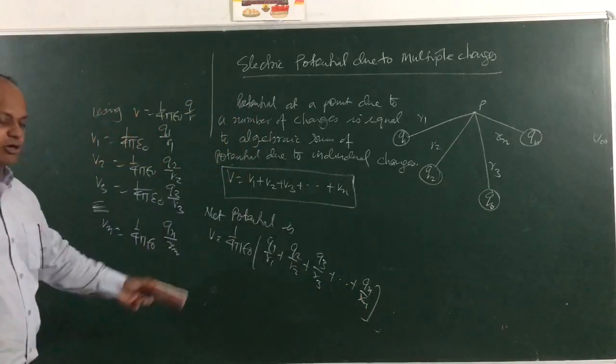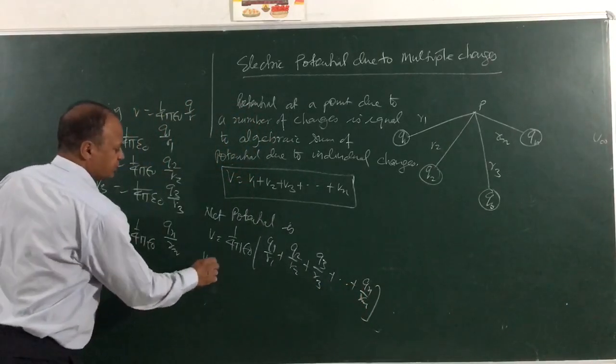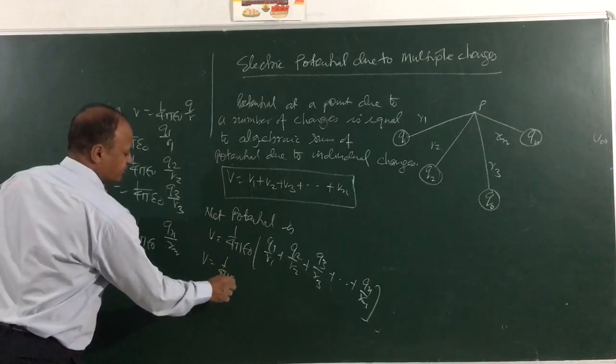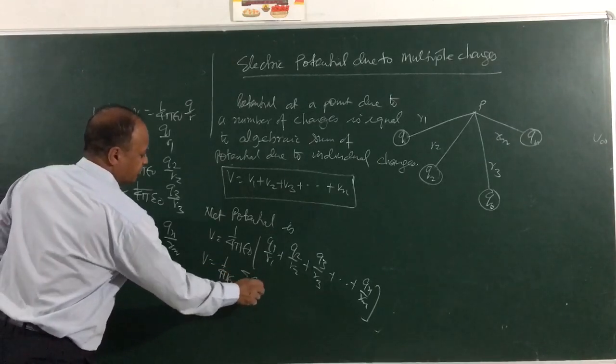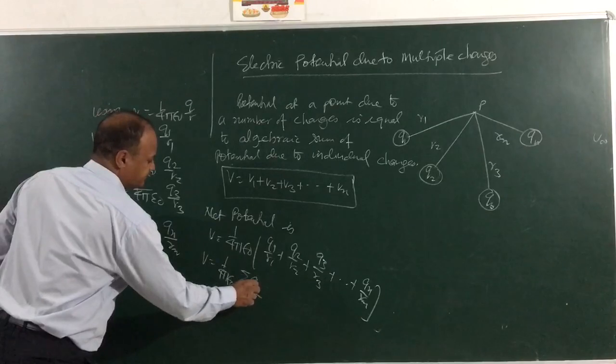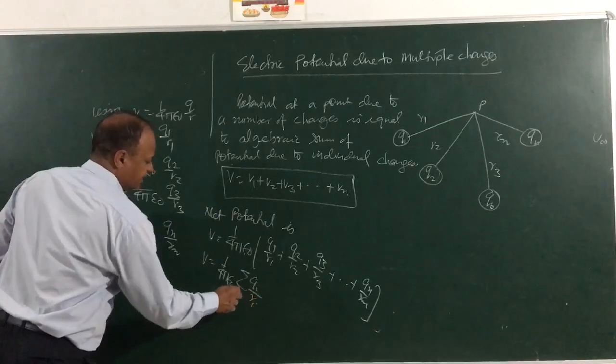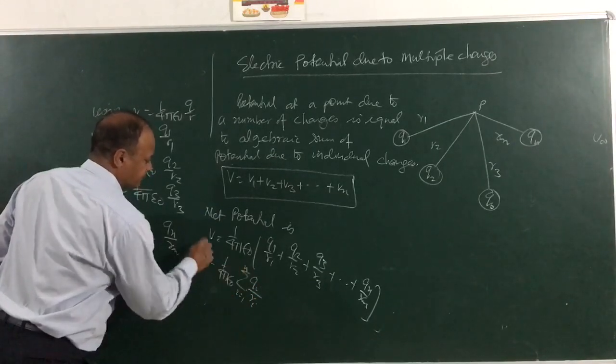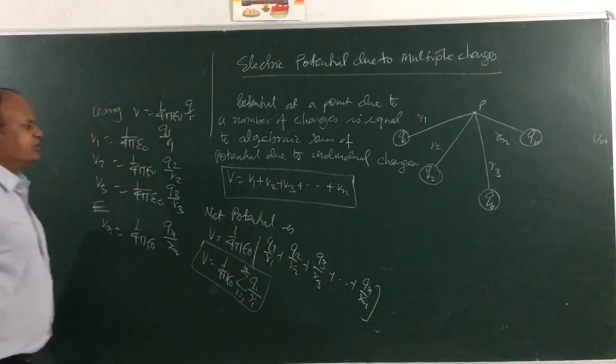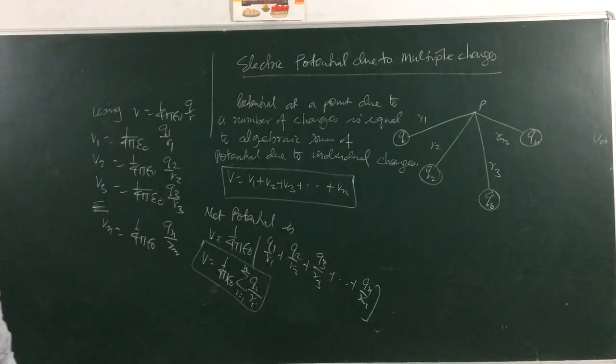If I use sigma notation, then V equals 1 by 4 pi epsilon 0 sigma Qi divided by ri, with i going from 1 to n. So this is potential due to a number of point charges.